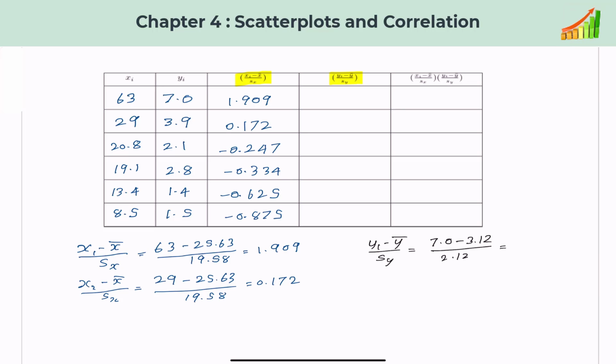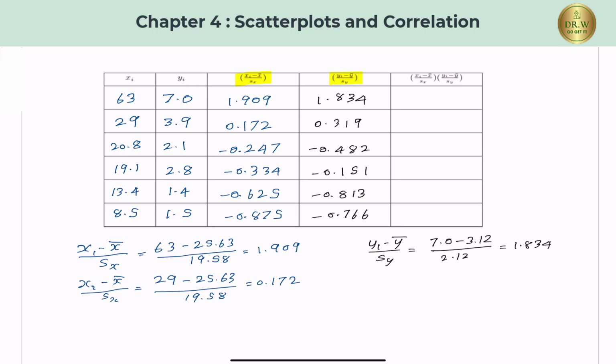So this is 1.834. Similarly, we can write the rest of the numbers in this column: 0.319, negative 0.482, negative 0.151, negative 0.813, negative 0.766.